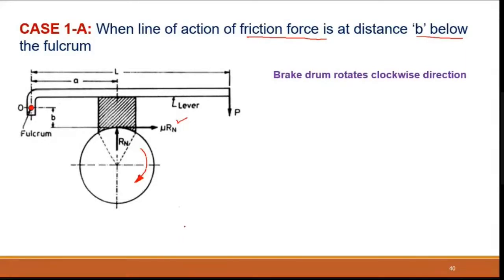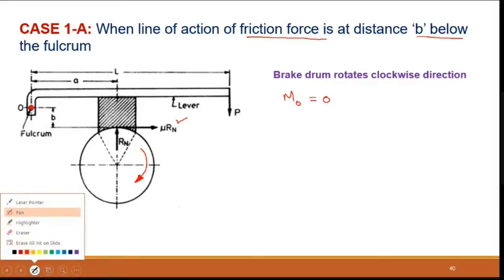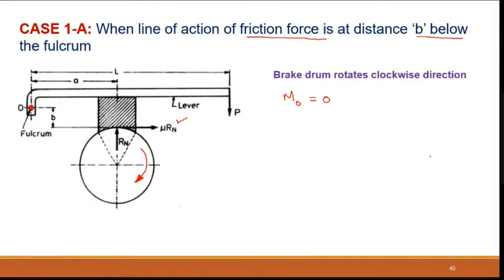Same procedure: I am going to take moment at O and equate it to 0. So you have 3 forces, and we are going to deal with all 3 to identify the value of the moment. Let me consider the first force, Rn. Rn is here and your fulcrum is here.